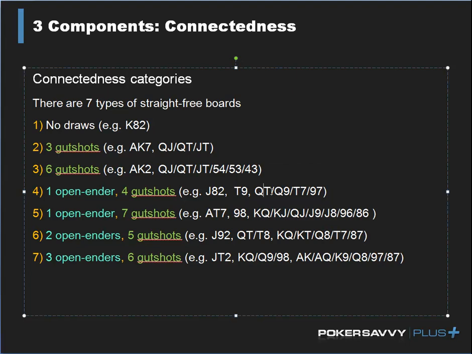And then you can do the same thing with the 9. You can add the queen and make one of the cards that this open-ender is drawing to, and then do the same thing on the other end. And these are the 4 gut shots.